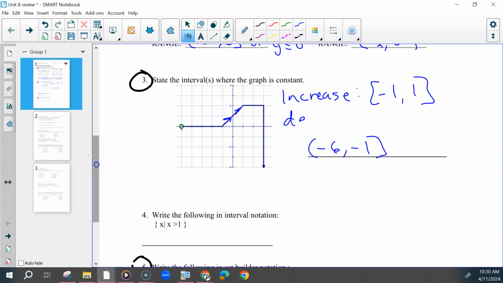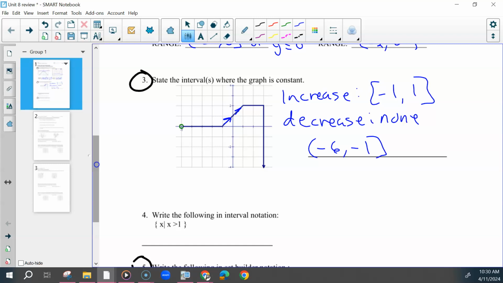It does not decrease anymore. You can if you want. So increasing is where your x values are moving forward and your y values are going up. Caleb, Jacob. Your decreasing is where your x values are moving forward and your y values are going back down.